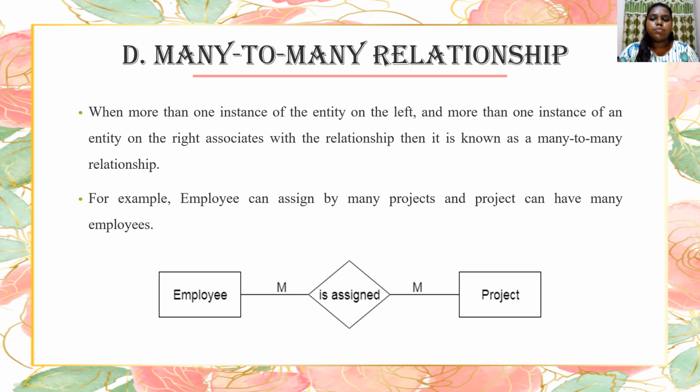Many-to-many relationship. When more than one instance of an entity on the left and more than one instance of an entity on the right associate with the relationship, it is known as a many-to-many relationship. For example, an employee can be assigned to many projects and a project can have many employees.